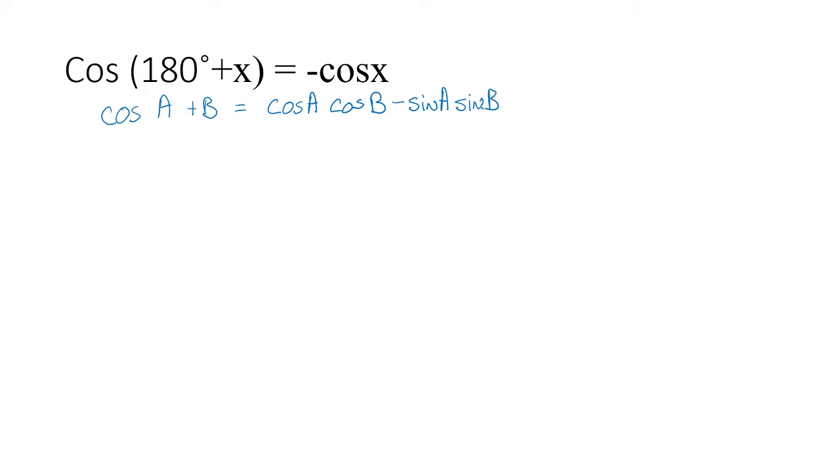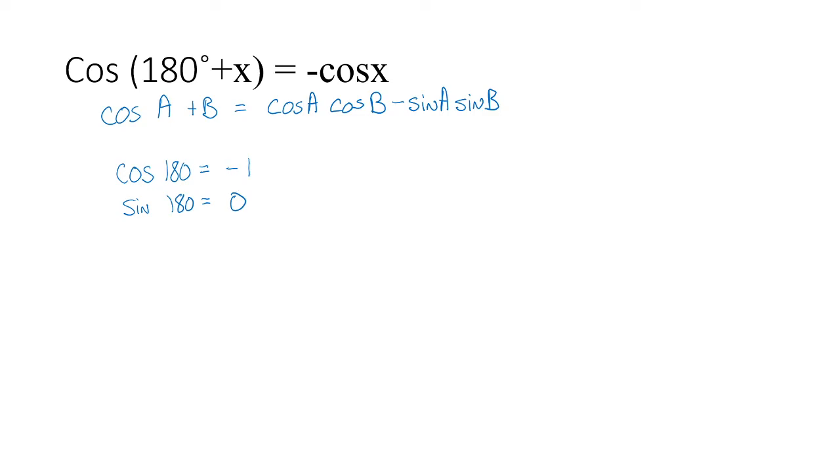Okay? So now, in this case, you'll see A is 180. I know the cosine of 180 is negative 1. And I know that the sine of 180 is equal to 0.